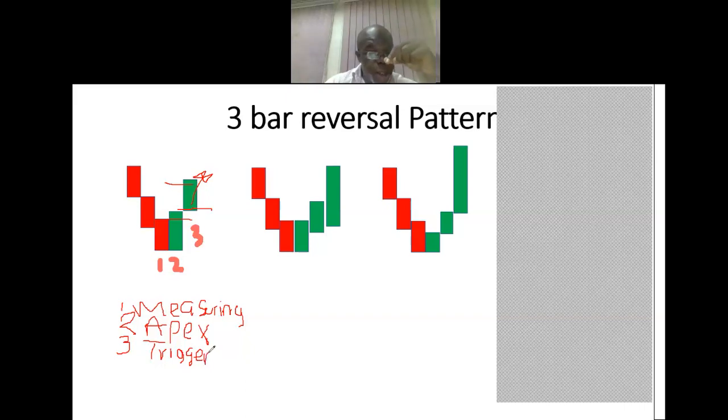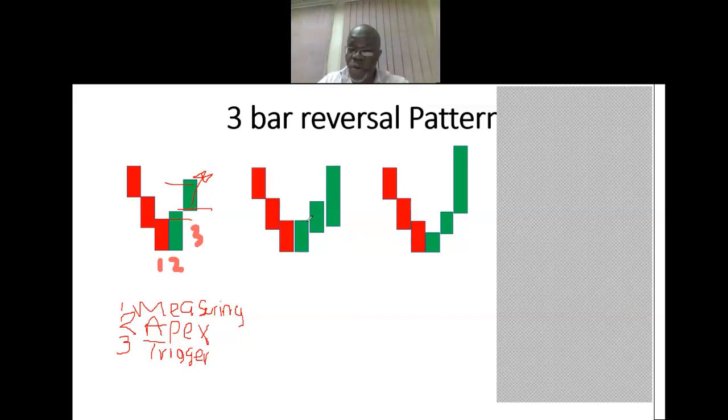Okay, second example, again on the same level. This one has no drama. What it does is it actually refuses to go over.